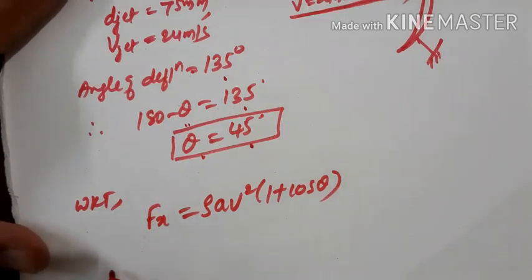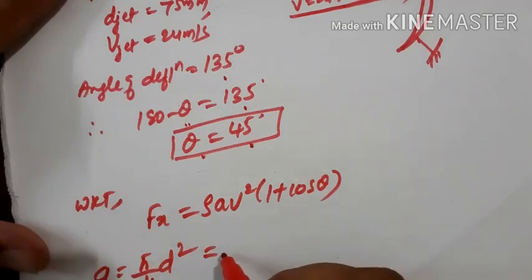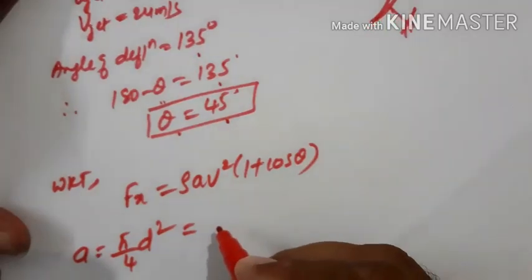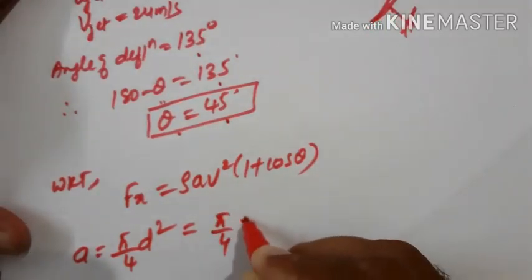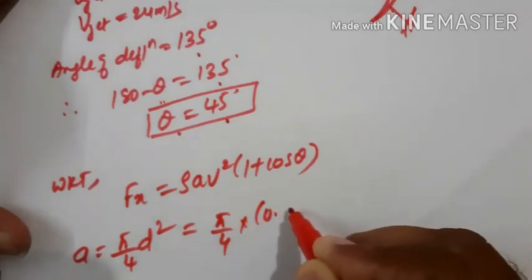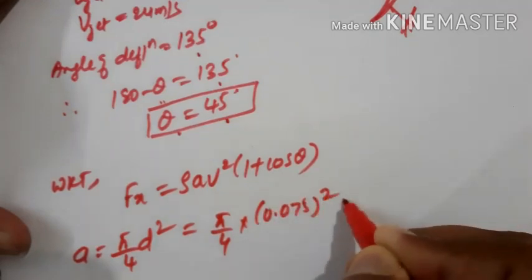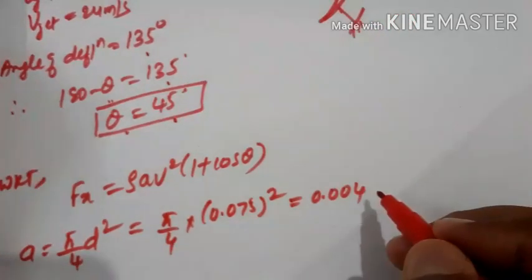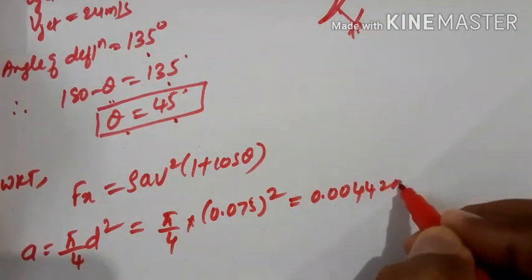Here the area will be pi by 4 d square, because the diameter of the jet is given. Substituting the value of diameter, you will get area as pi by 4 into 0.075 whole square, which is 0.00442 meter square.